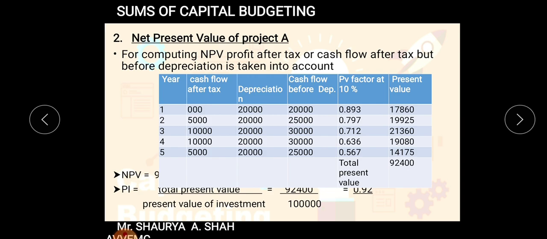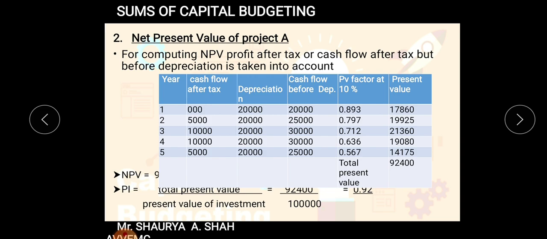So what does it mean, students? If I invest 1 lakh rupees, I am getting 7,600 negative present value after the completion of 5 years. Highly undesirable project. Why? Because we had studied that if NPV comes negative, there are chances that the project is rejected, fine. We'll see as we proceed, but here I am getting 7,600 negative.